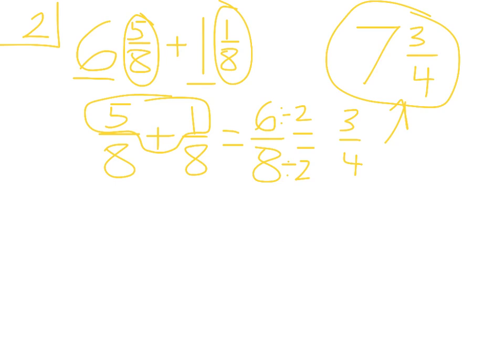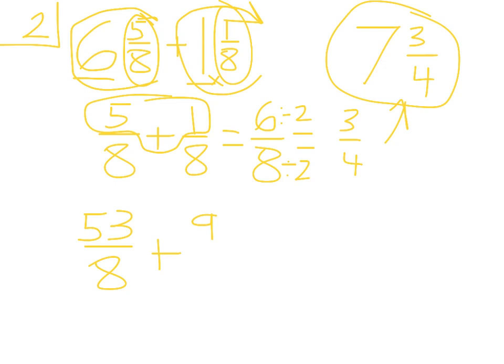Now, if you don't have that shortcut method, anytime there's negatives or minuses, that's not a great time to use it, although I know that I'm able to do a couple shortcuts on those. You might be too, but if you're nervous about getting a wrong answer, you can always go back to the C method. All right? 6 times 8 is 48, plus 5 is 53 over 8, and then we're adding 8 times 1 plus 1 is 9 over 8.